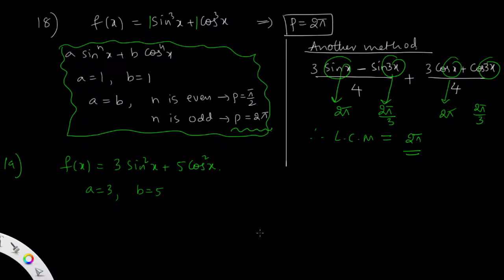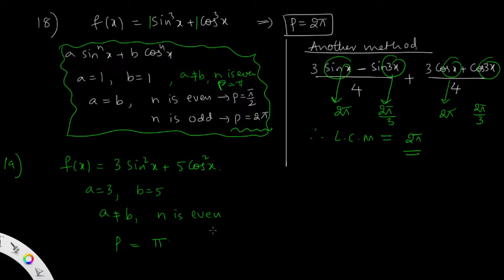Yes, Shervani, correct. a is not equal to b. Next case also there, a is not equal to b. Here also we can write again, n is even, period equal to pi. So here a is not equal to b and n is an even power, then the periodicity is obviously pi.